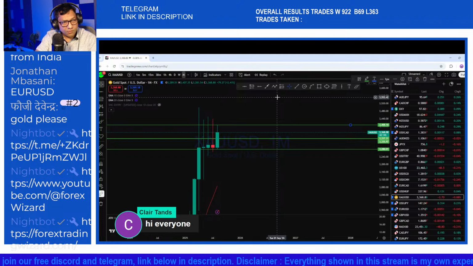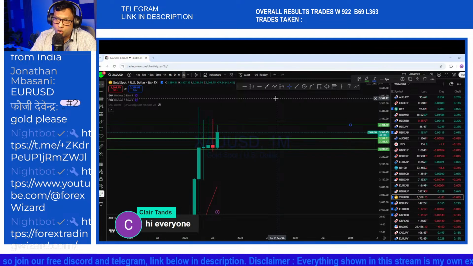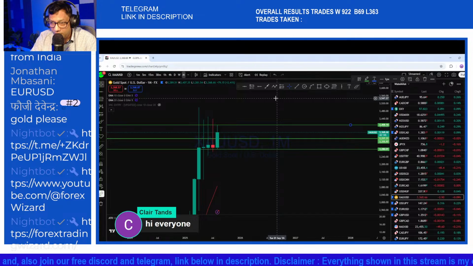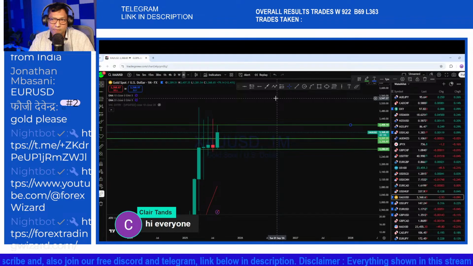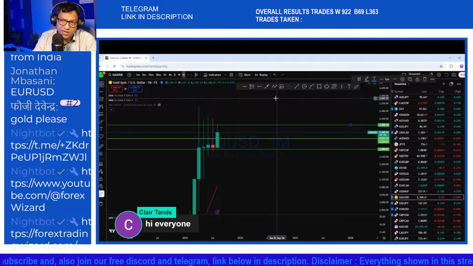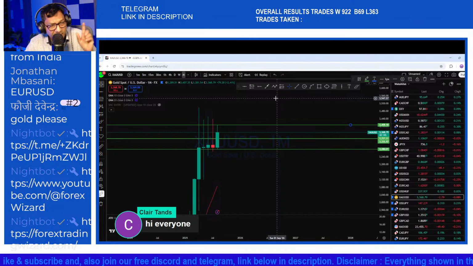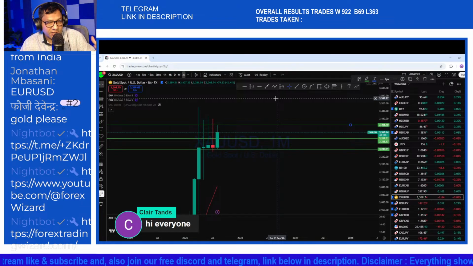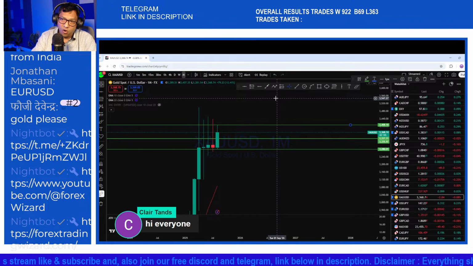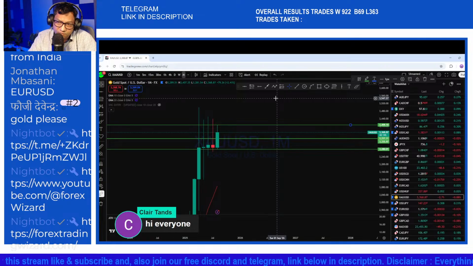For the price to go to the 3408, for me, it's a 70 to 80% probability, rather than the price coming back to 3280. This is how trading is. This is called the probability. The probability for the market.